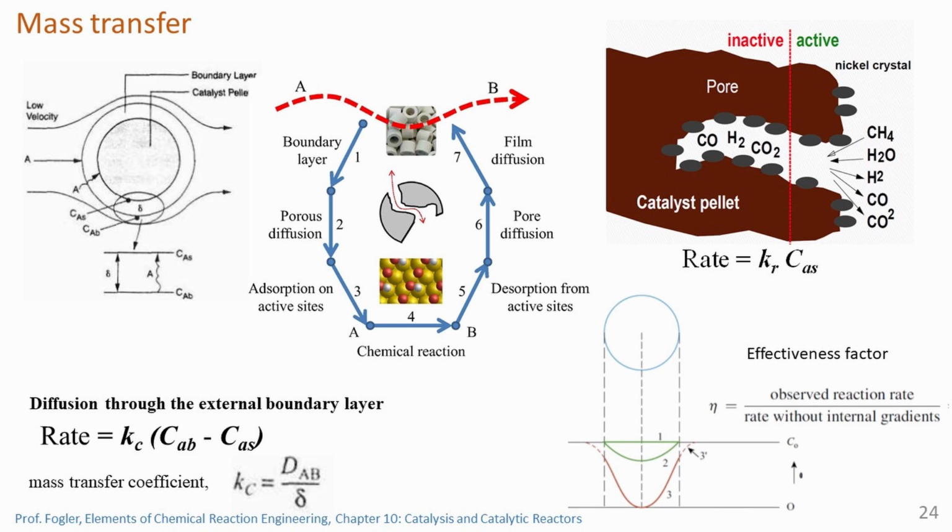Nevertheless, the external mass transfer resistance strongly depends on the flow conditions, temperature, pressure, and superficial velocity in the reactor and the particle size of the catalyst. Varying these parameters can help to reduce the external mass transfer resistance.